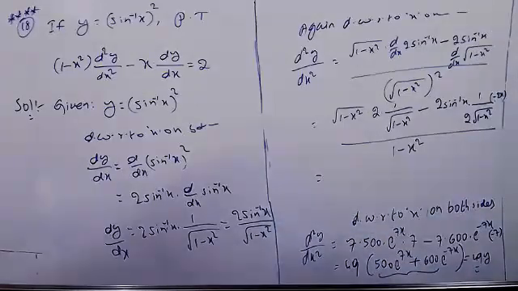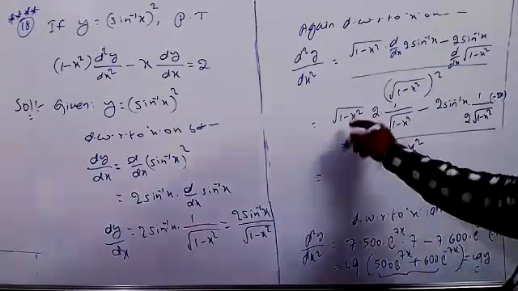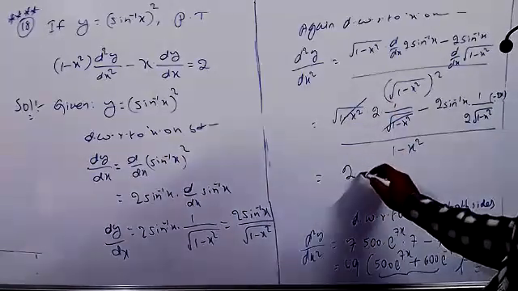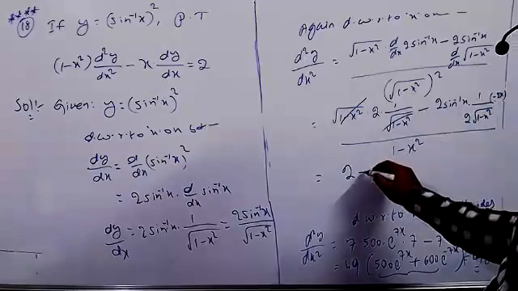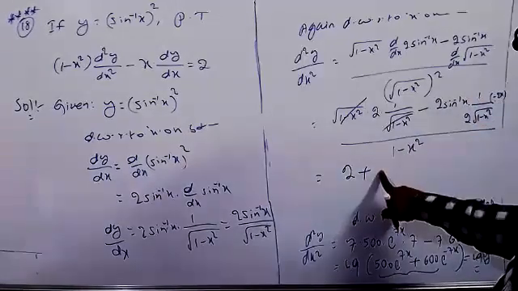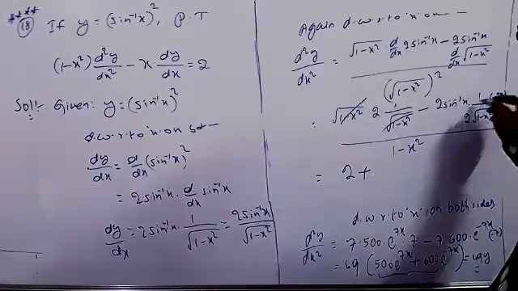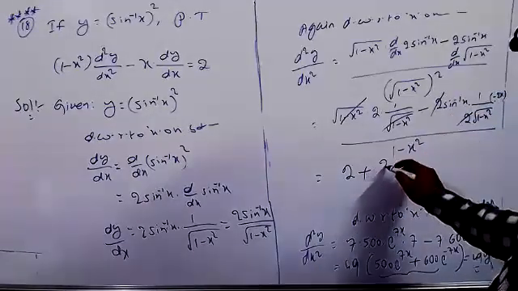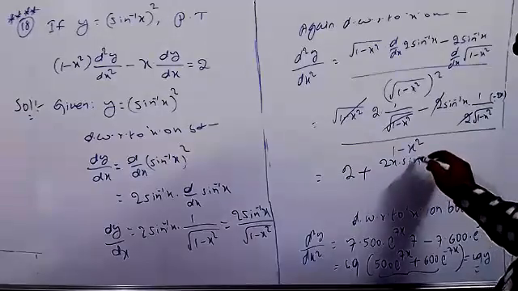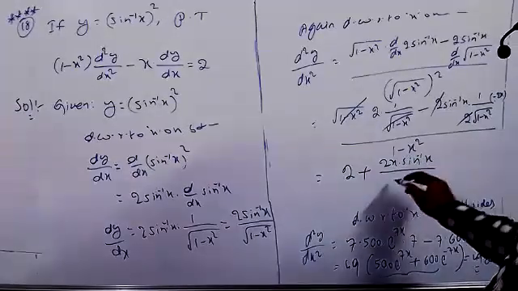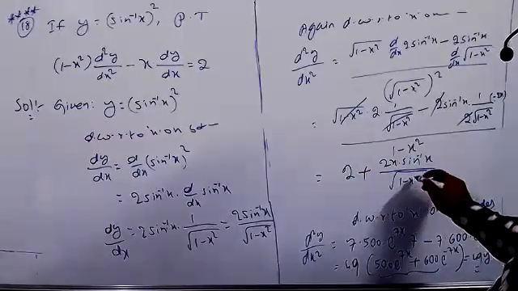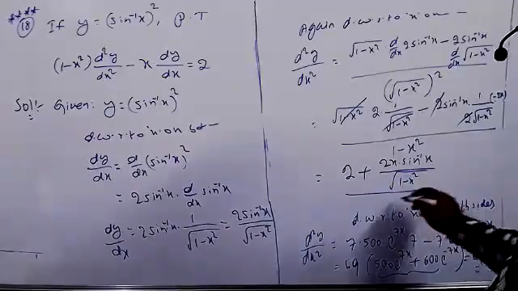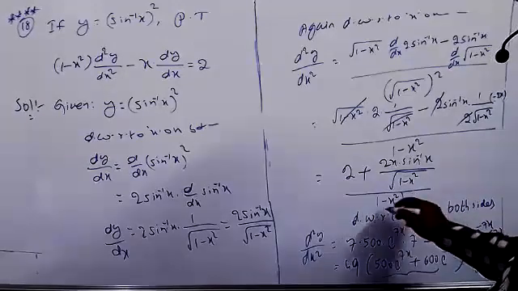I think clearly these two will be cancelled now. Minus into minus equals plus, and the 2 will cancel here. So this is 2x into sin inverse of x whole by root of 1 minus x square, whole by 1 minus x square.